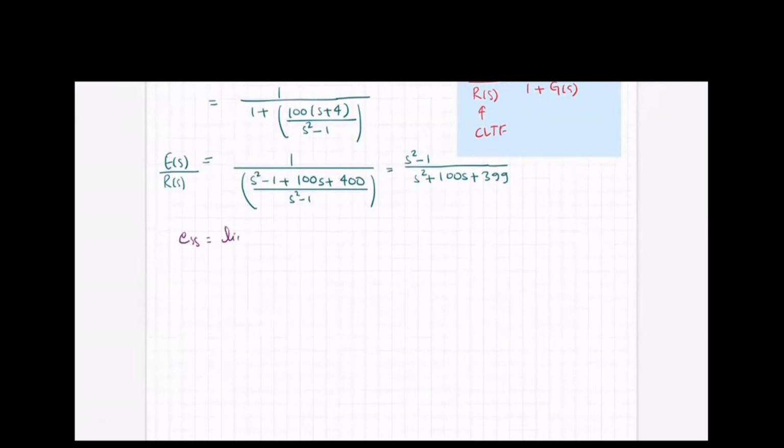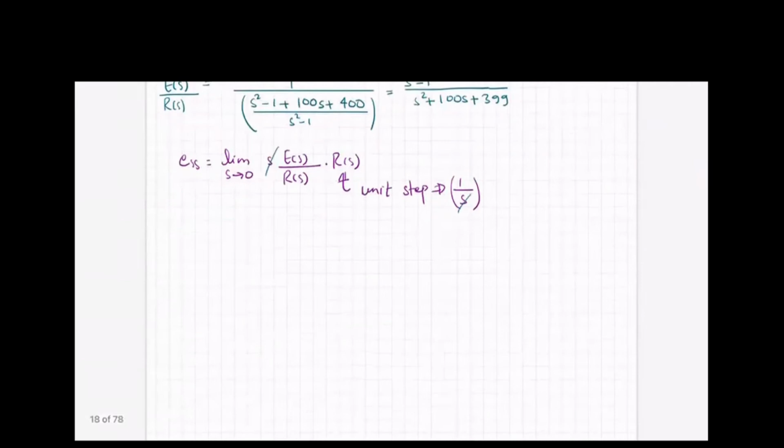Steady state error is equal to the limit as S tends to 0 of S times E of S over R of S times R of S. And because R of S is given as the unit step, R of S equals 1 over S, and I have S in here, so I can just cancel them, and the steady state error is equal to the limit as S tends to 0 of E of S over R of S.